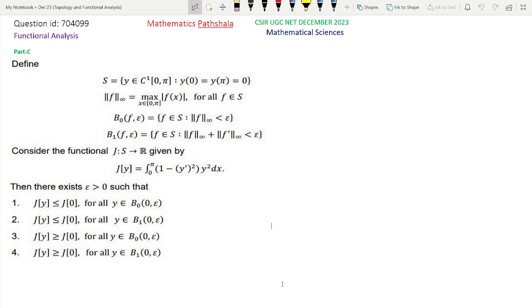for all f belongs to S. Then here, actually this is a printing mistake probably, this should be b0 0 epsilon. That means the open ball centered at 0 and radius epsilon.